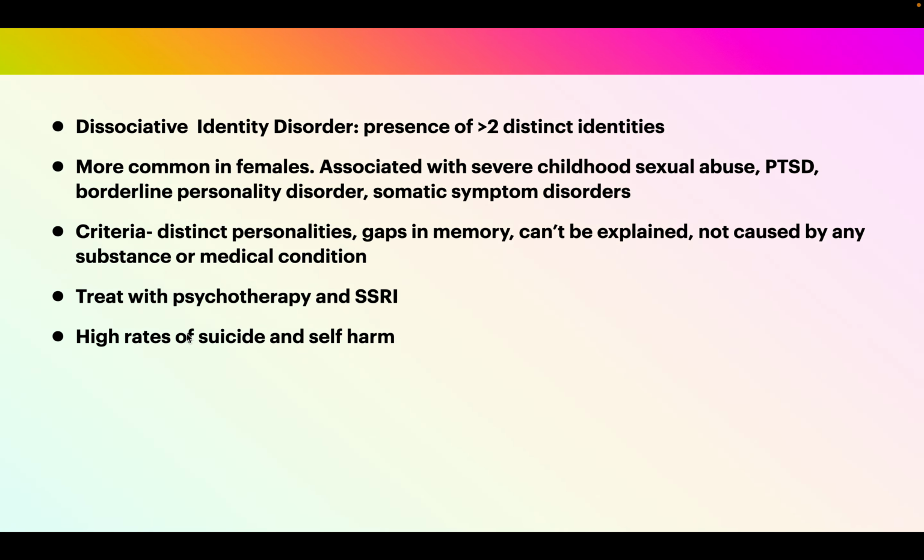This has a very high rate of suicide and self-harm. This is a controversial subject. I do not really think you'll have a lot of questions on this because there are some researchers in the field that believe that this may or may not be an actual disorder. So we're not sure yet.